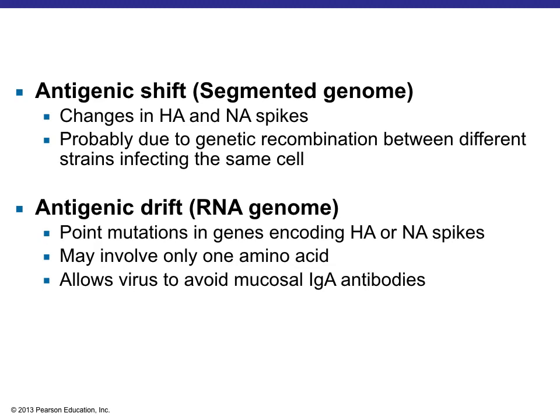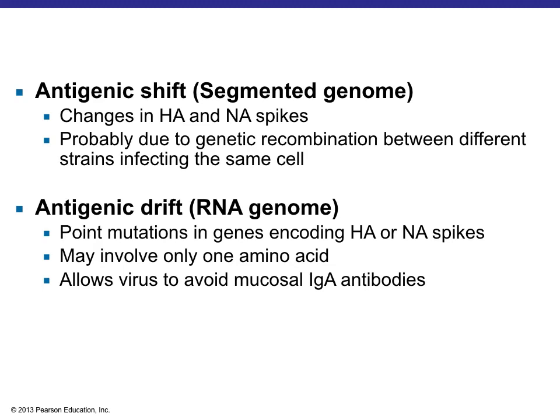This is due to genetic recombination between different strains while they infect the same cell. So you've got two different viruses infecting the same cells, and then their genetic material can recombine and form a new type of virus. This is a very dramatic change and can cause major epidemics.